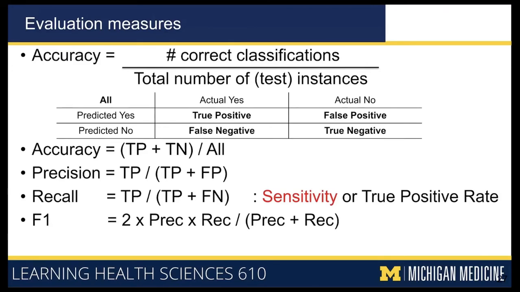One measure that combines the 2 is F1. F1, or the F measure, gives equal weight to both of these concepts, and it's the harmonic mean of precision and recall. In mathematical terms, it's computed as 2 times precision times recall divided by precision plus recall.